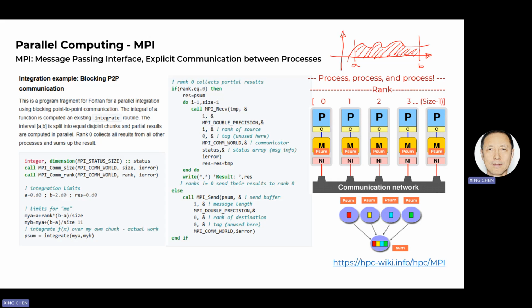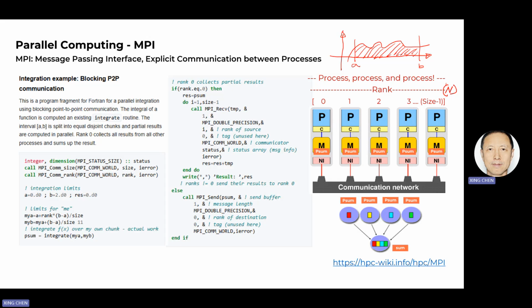But for our discussion, we are going to use n nodes in total to calculate the integration. If you have n nodes, we are going to ask each node to work on a piece of the workload.